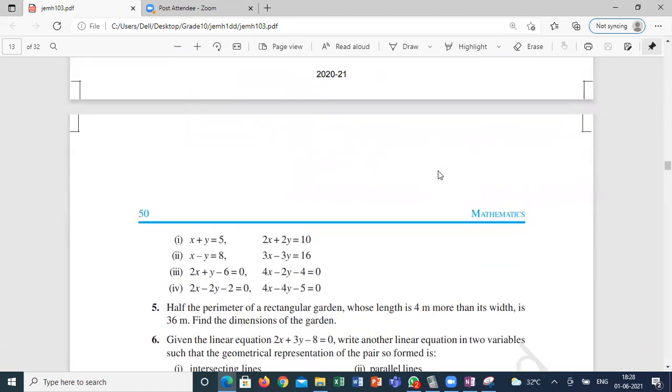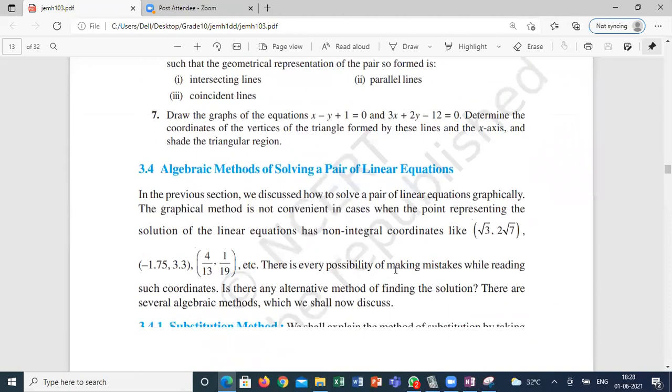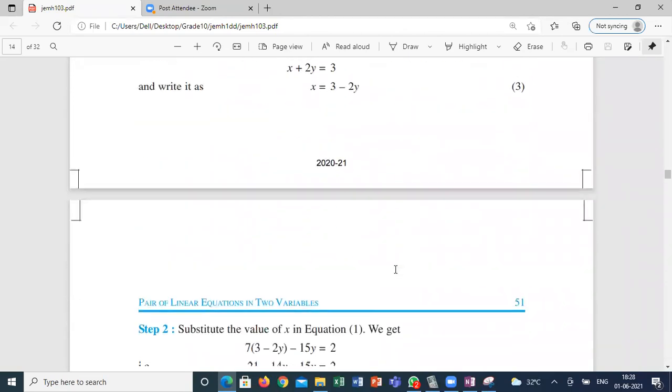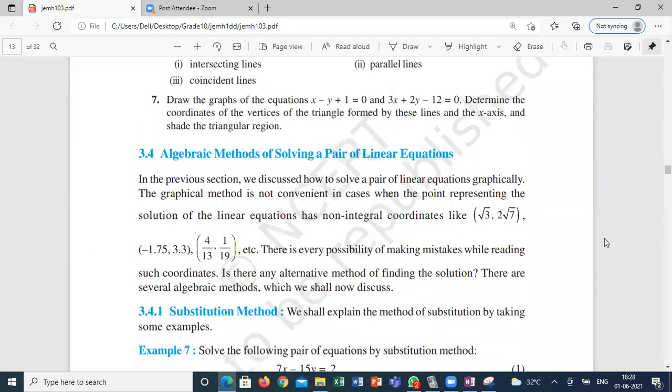See, they gave 4 questions in this. They're asking you to solve the questions graphically. This is the second exercise. And I gave different methods to solve: substitution method, elimination method, cross multiplication method. Each method has one more exercise. Is it clear, guys, what we are going to do in upcoming classes?